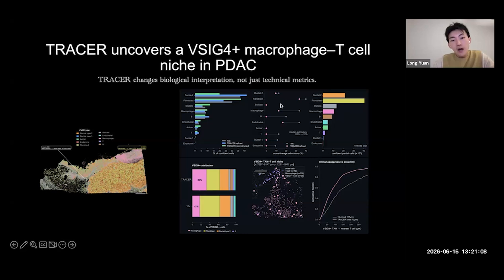And focusing on the VSIG4 positive tumor-associated macrophages, TAMs, Tracer increases the fraction of VSIG4 attributed profiles and brings these macrophages into closer proximity with T cells compared with the original segmentation. So this suggests that inaccurate cell profile reconstruction can obscure the immunosuppressive niches, and we are currently validating this axis in related PDAC Visium HD samples.